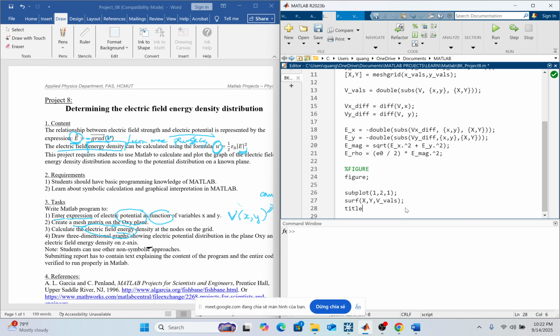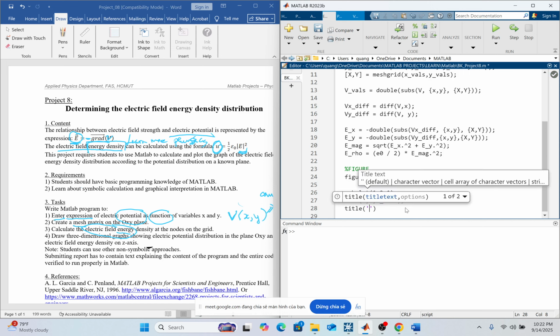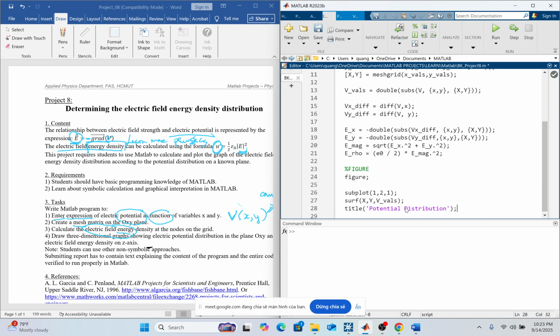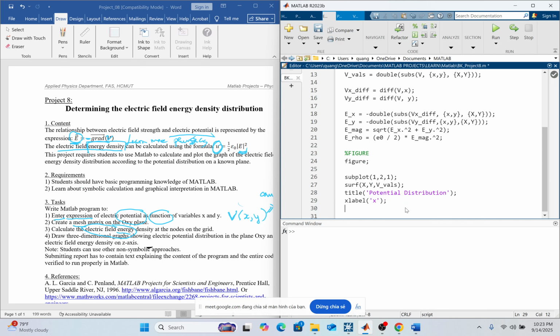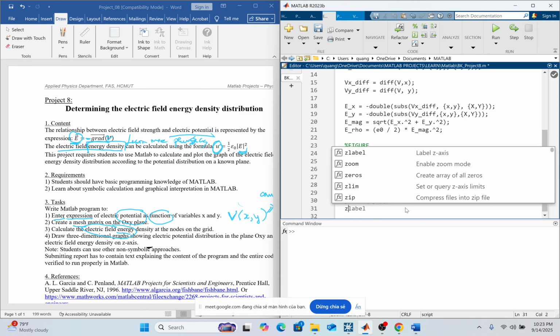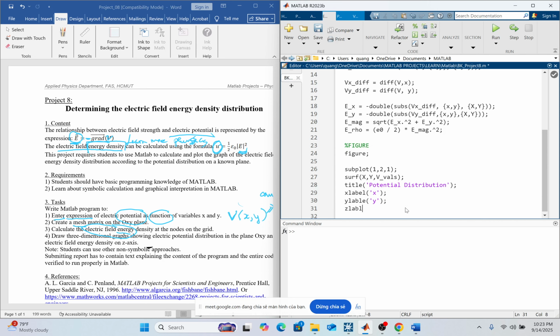The title will be like potential distribution, right? Then I'll have the x label. X label is naming the x-axis. I'll call it basically x, right? And y label, I'll call it y. And z label, I'll call it z.